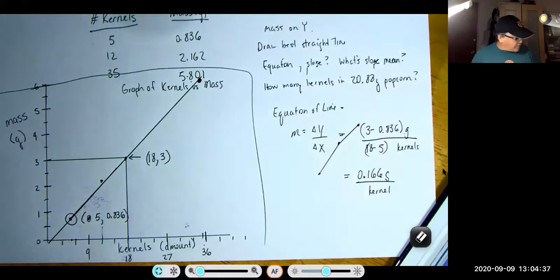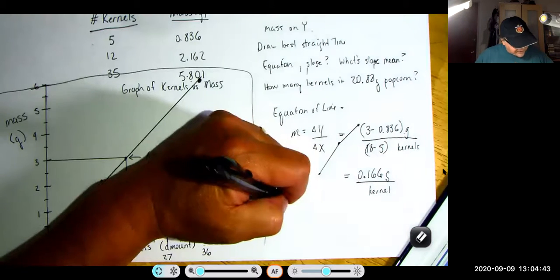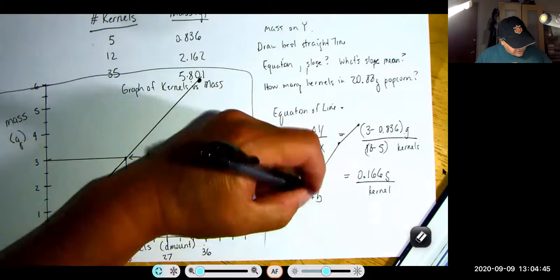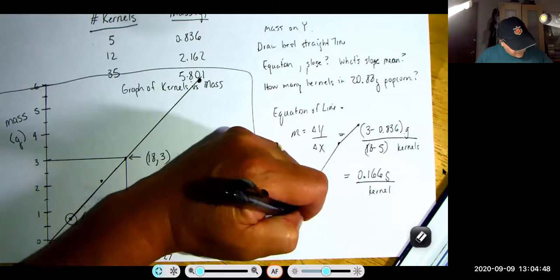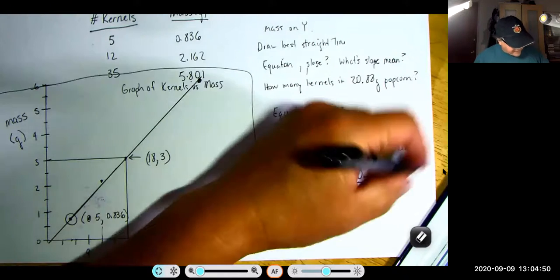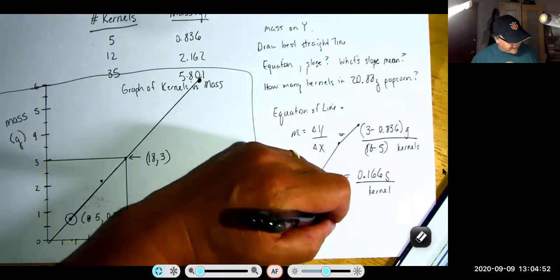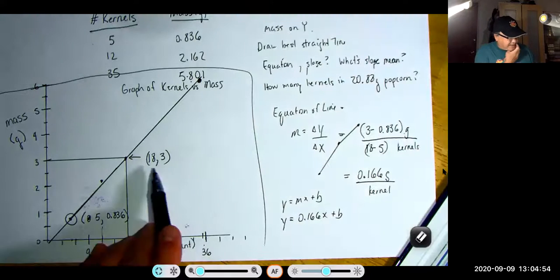All right, now how do we get the B value? The B value should be very close to 0, and the answer is simple. We do y equals mx plus b, so y is equal to 0.166, we can leave the units off for now, times x plus b, and let's plug in this 3 and this 18.